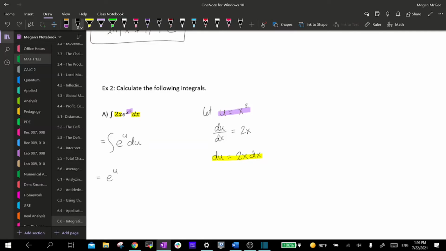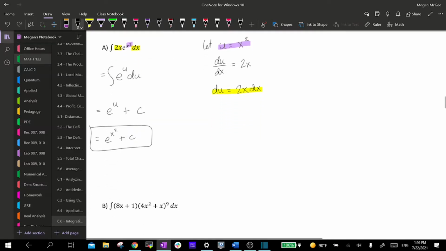E to the u, and then plus c, because we're dealing with an indefinite integral. And lastly, we need to back sub. So we have e to the x squared plus c, and that's it. All right, let's do another one.